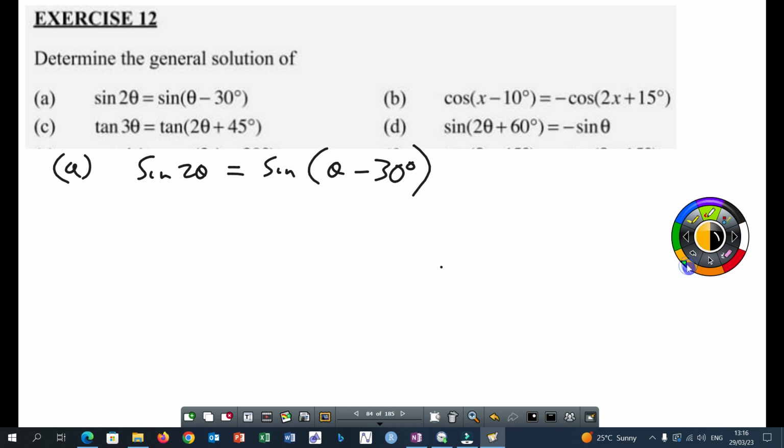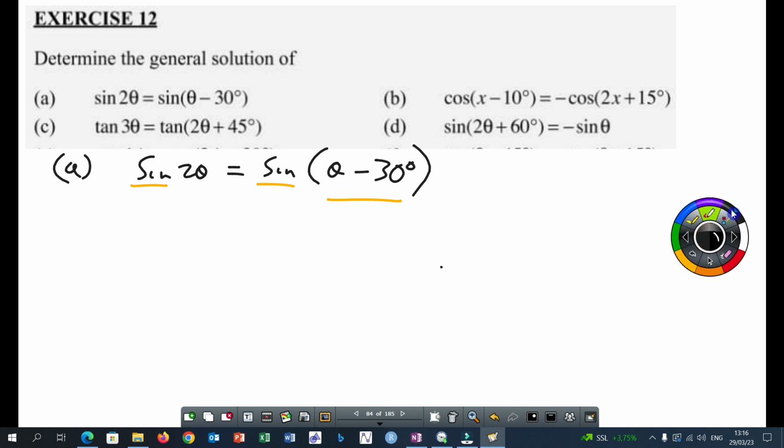The angle on the right hand side will be your reference angle. In this case you don't need to use your calculator to say shift sine, shift cos, shift tan, if you've got one trigonometric ratio on either side of the equation.